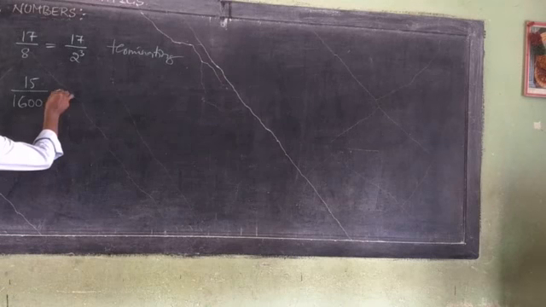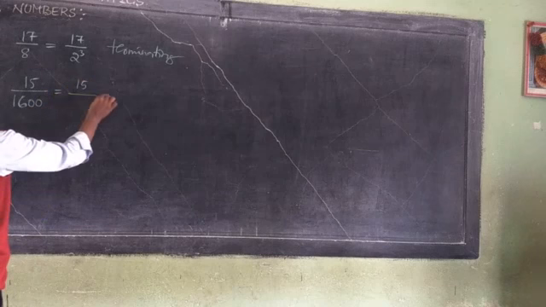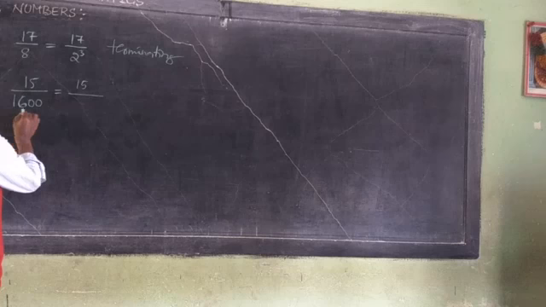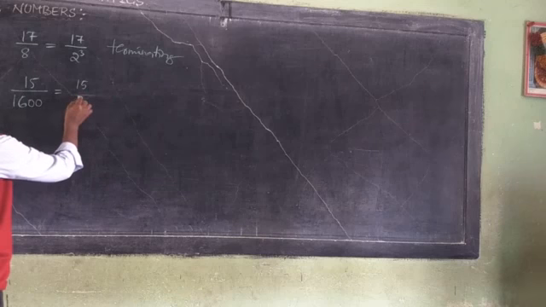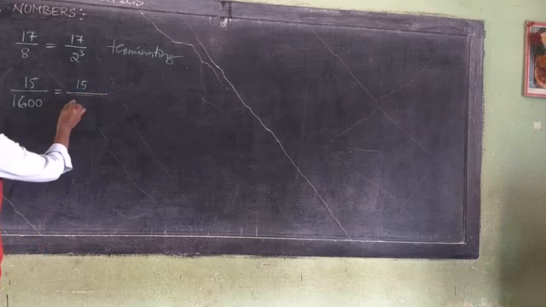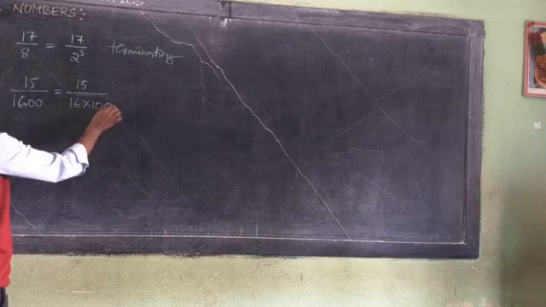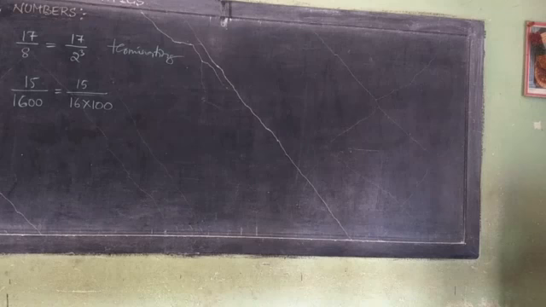This can be written as 15 divided by 1600, and 1600 can be written as 16 into 100.